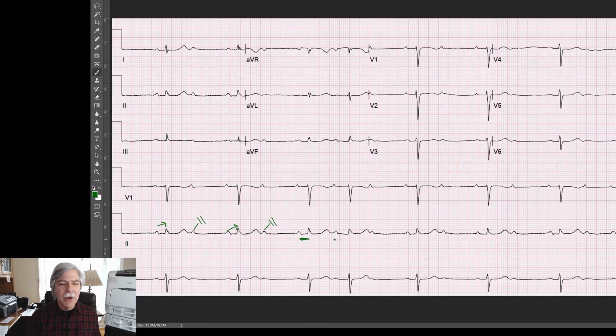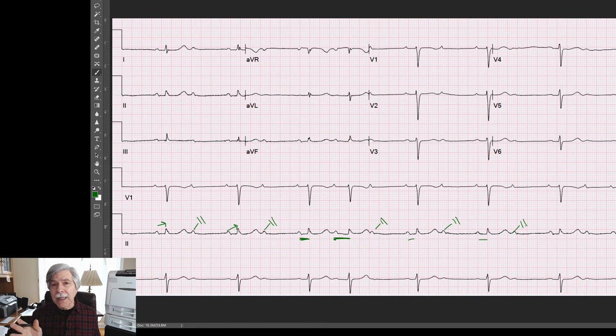But what happened to the PR interval? Aha! It got longer, and then finally this one blocks, and then you're back to 2 to 1. So this proves my point that just because you have 2 to 1 doesn't mean it's Mobitz 2, and it doesn't mean that it's infranodal.